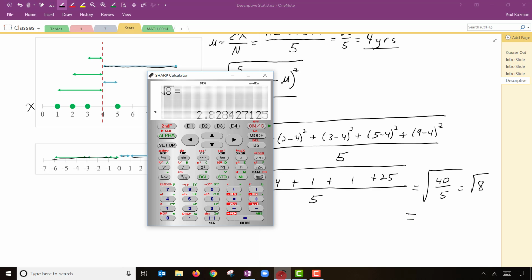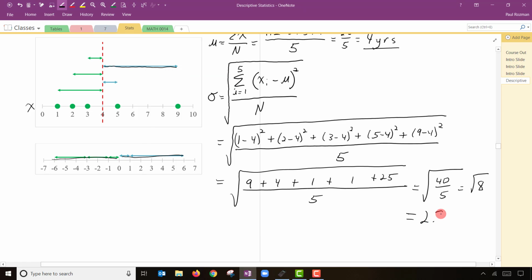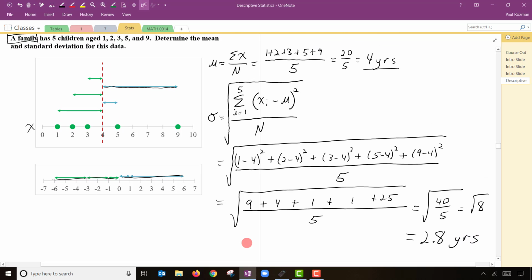So it's 2.82, or the average distance away is 2.8 years, which is fairly spread out. If you put these 5 kids in a dark room and you randomly selected one, how old do you think it's going to be?